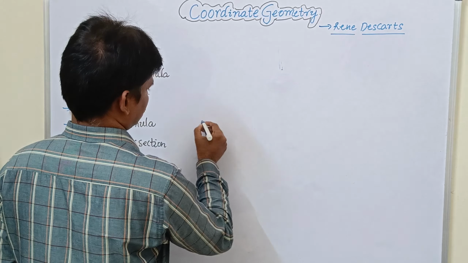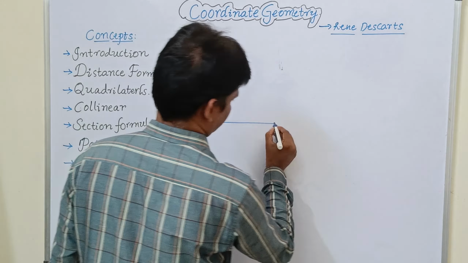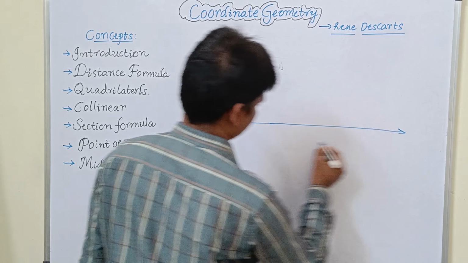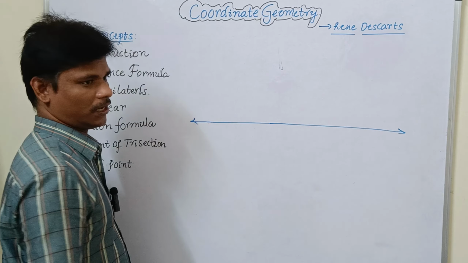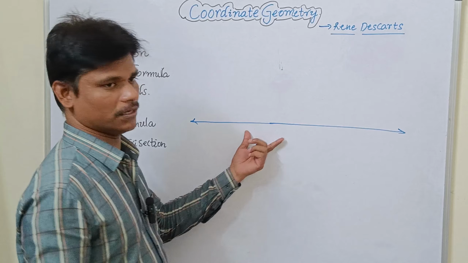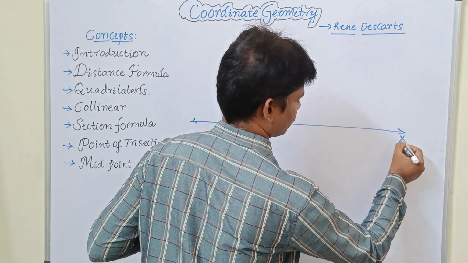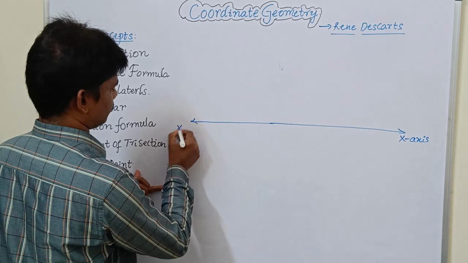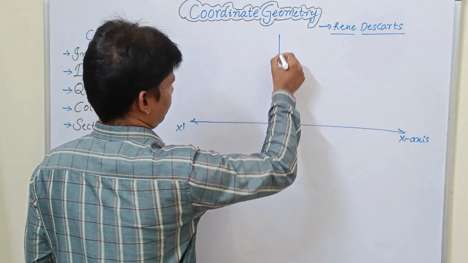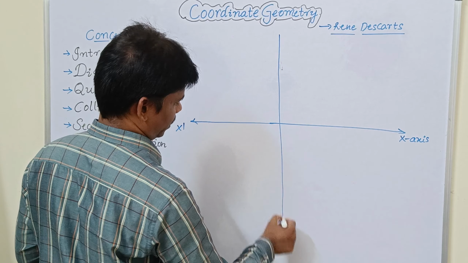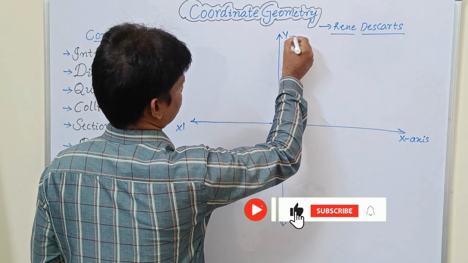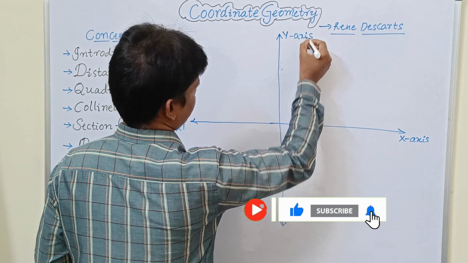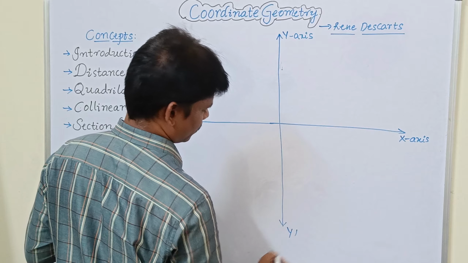First take the horizontal reference, which is called the x-axis. The vertical reference is called the y-axis.